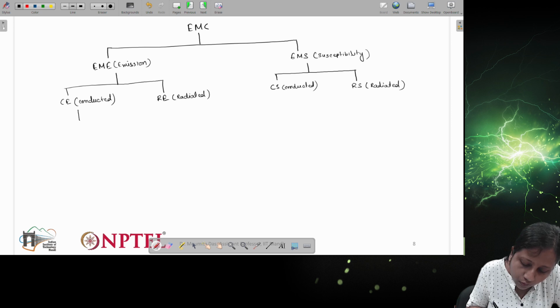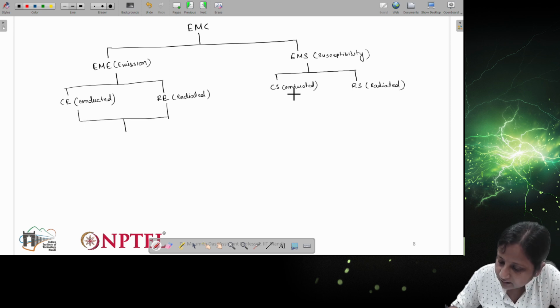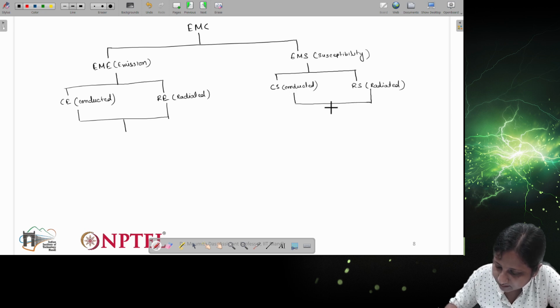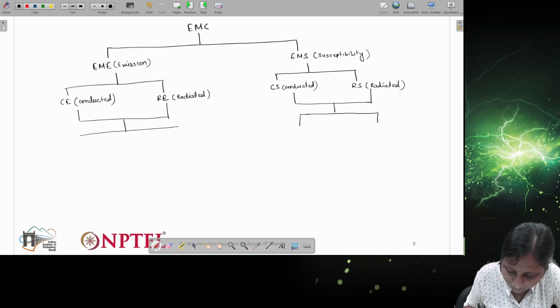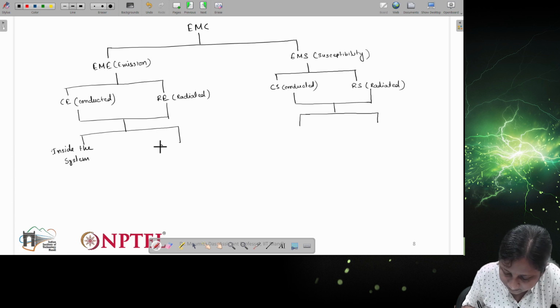So now both again can be classified here into two different types. One is inside the system, another is outside the system.